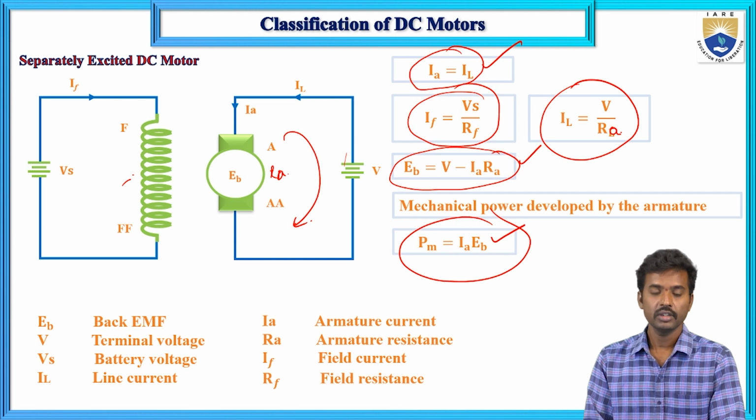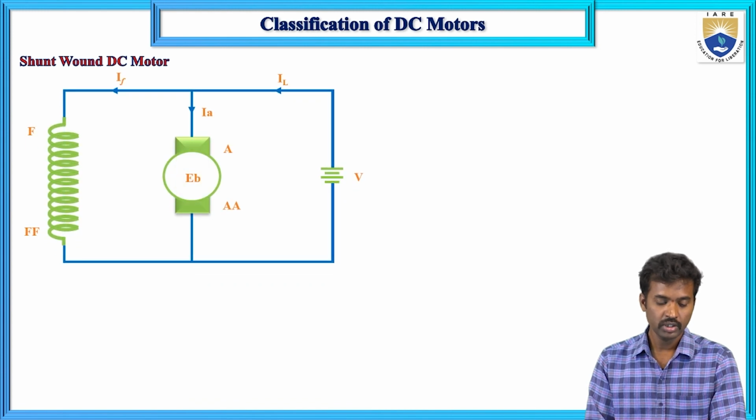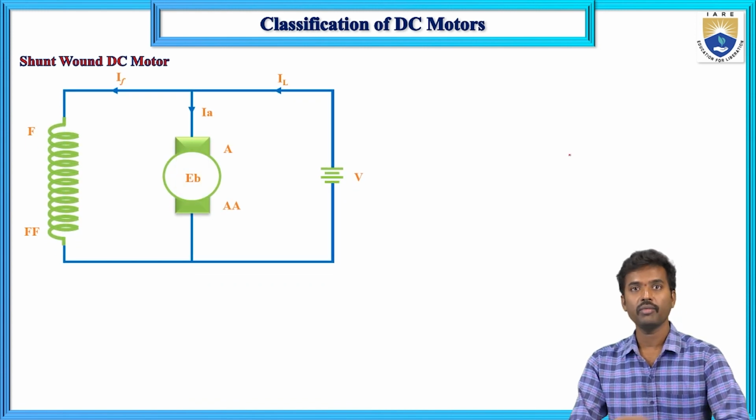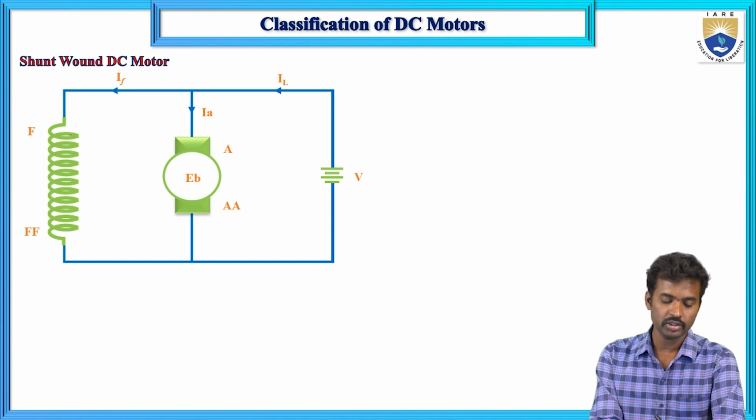Next case, self-excited. In the self-excited shunt wound DC motor, there is a connection between the armature and field winding. That connection is parallel. If you give the supply voltage V, we are giving electrical energy to the DC motor, and a current carrying conductor is placed in a stationary magnetic field.